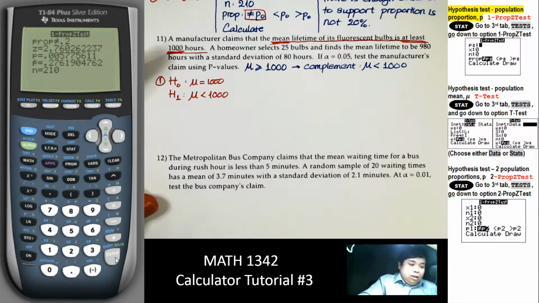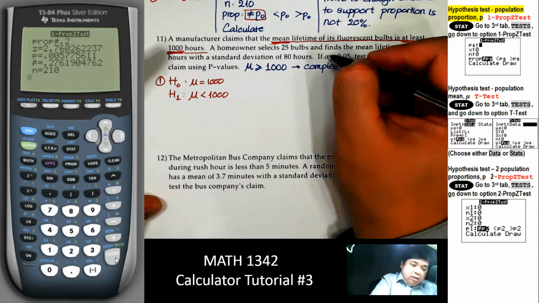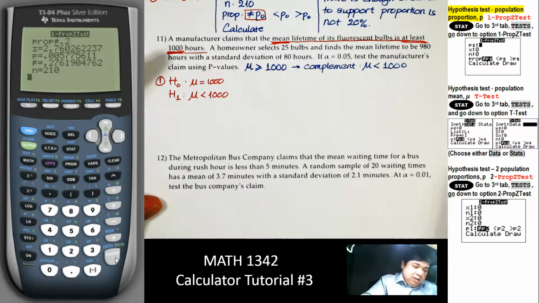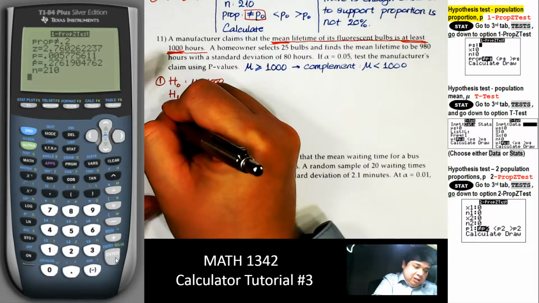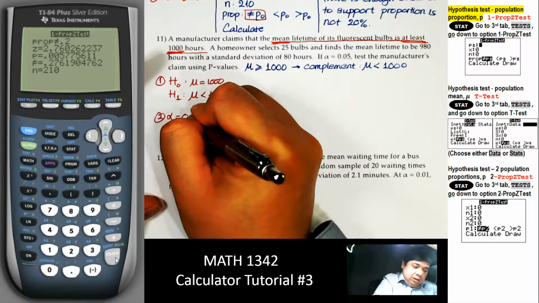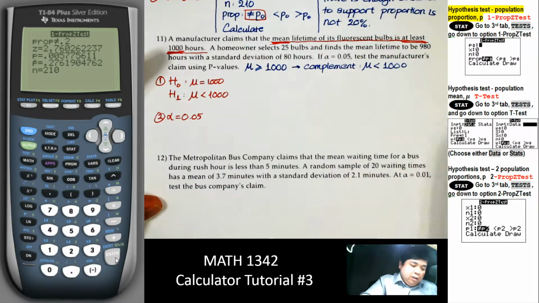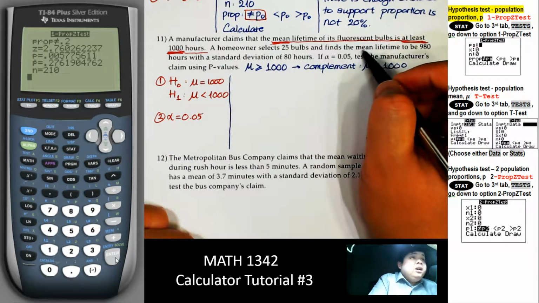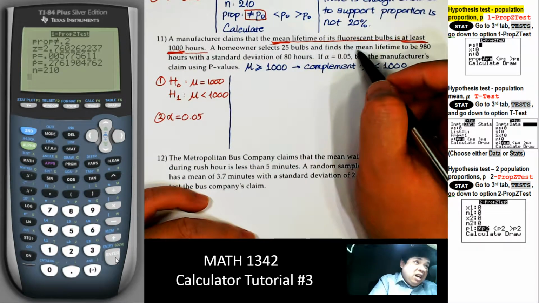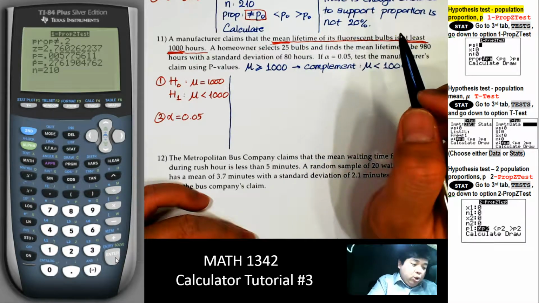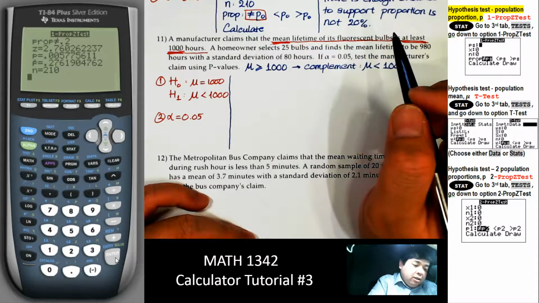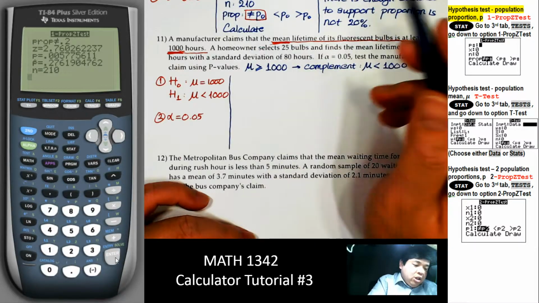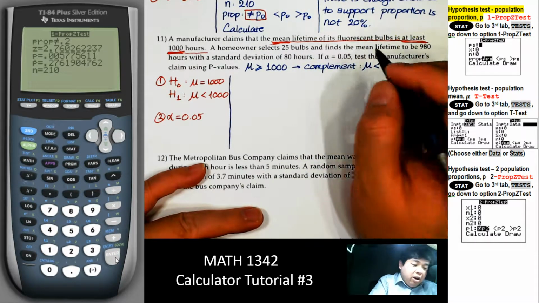Next, alpha. This one we will test the mean. The mean will have the t-test. So we use the t-test here. And we assume that all the conditions are satisfied.